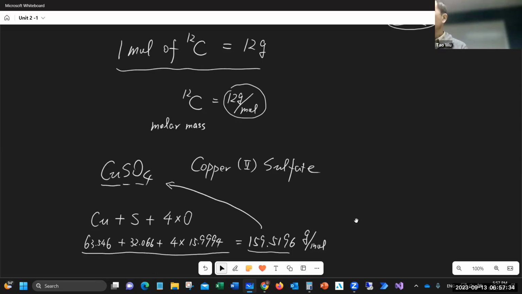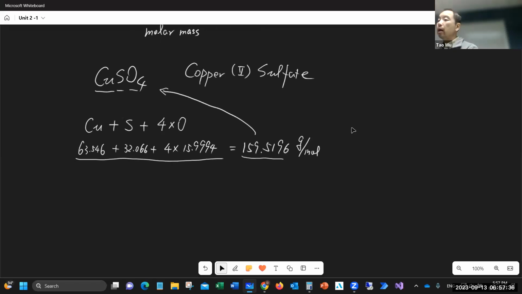If we have some other molecules like this, you probably have never seen this before, but you will see it. This is also one of the chemicals.